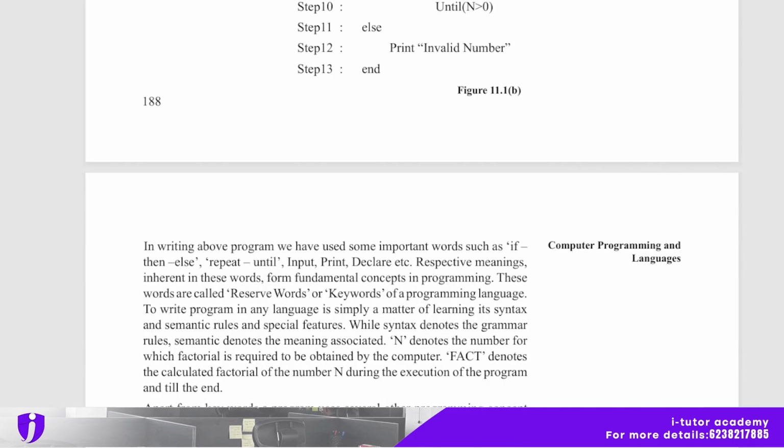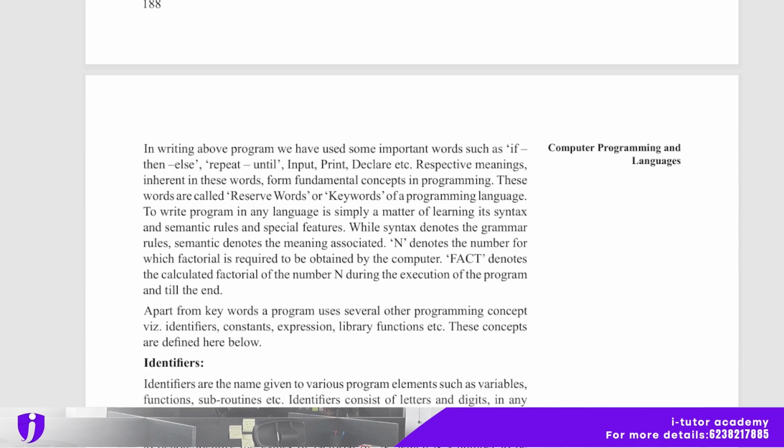In writing the above program we have used some important words such as if, then, else, repeat, until, input, print, declare, etc. The respective meanings inherent in these words form a fundamental concept in programming. These words are called reserved words or keywords of the programming language.